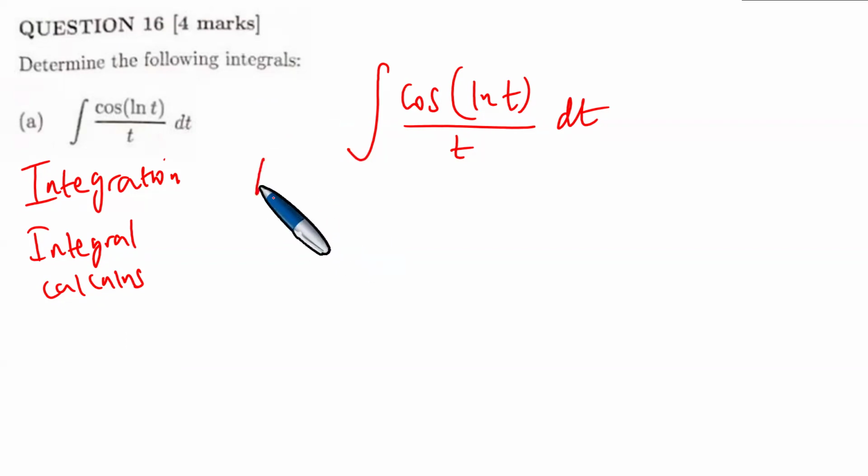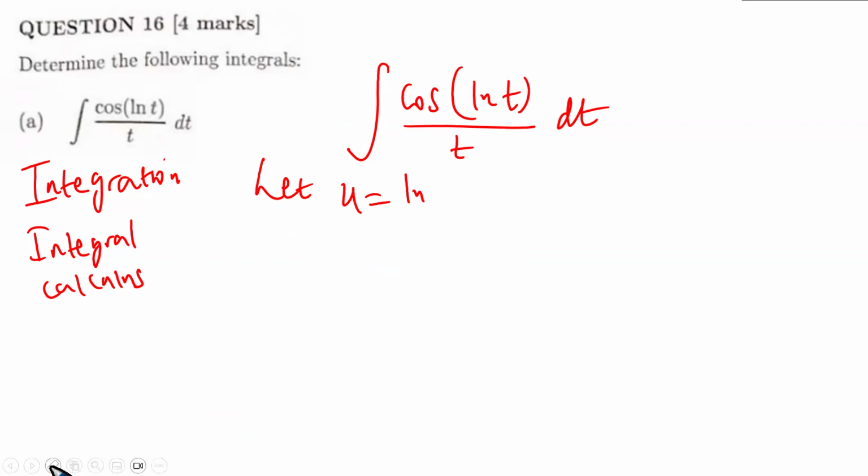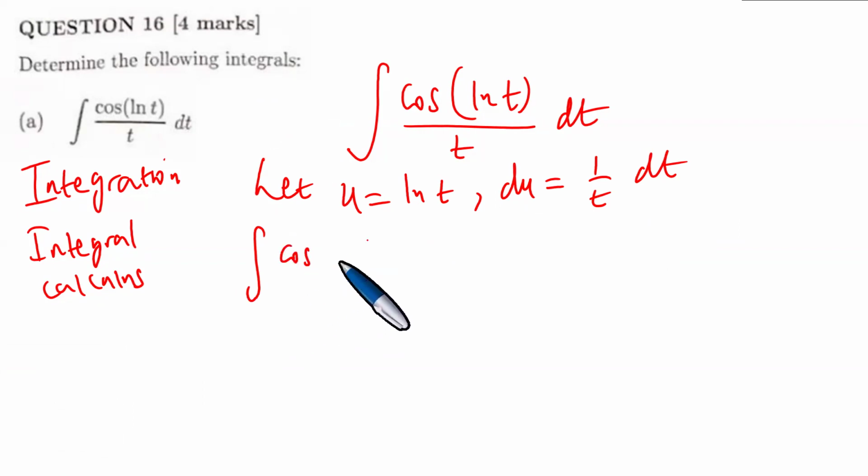To do this particular question, the couple of things we take into account: we let u be ln t, so that du is 1 over t dt. This becomes the integral of the cosine of u, divided by t, times dt. What is dt?